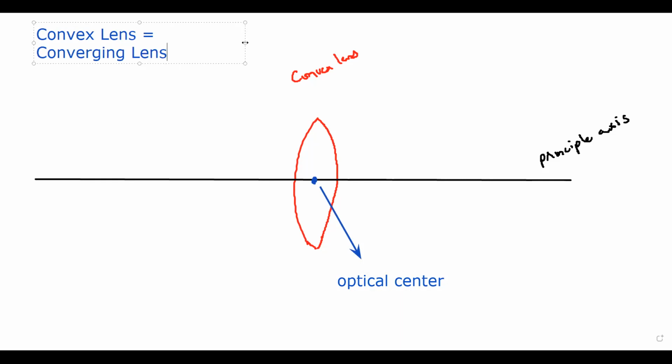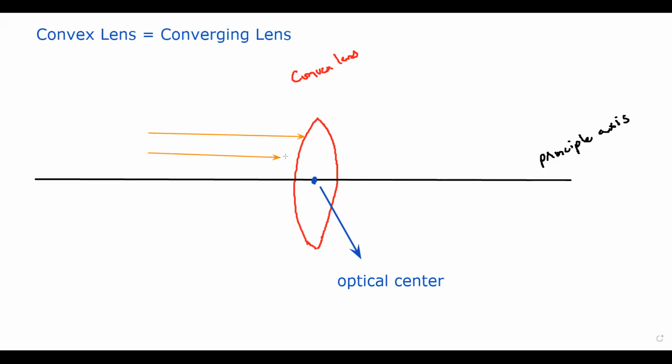So why are the convex lenses known as converging lenses? Because when the light rays are passing parallel from one side of a convex lens, when they pass through the lens, what will we observe?